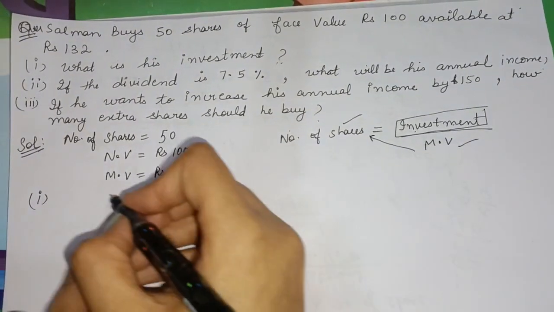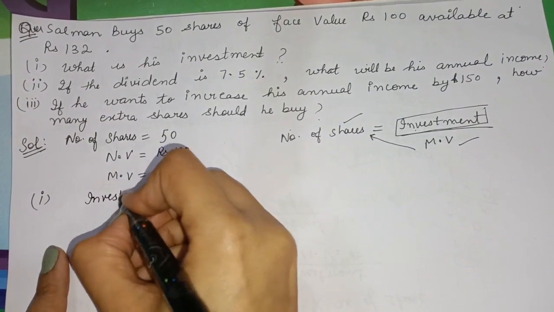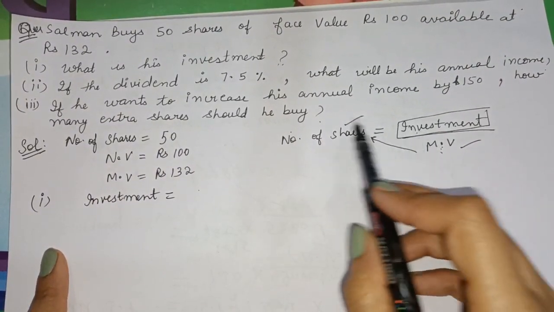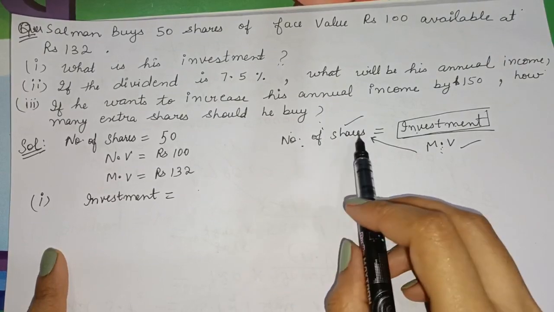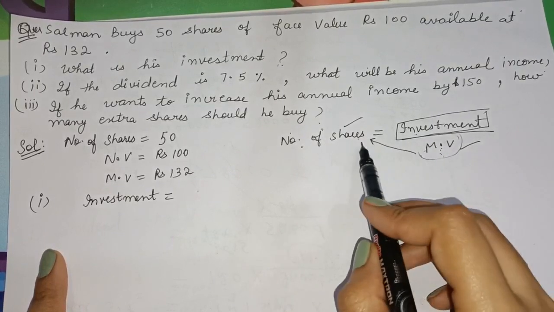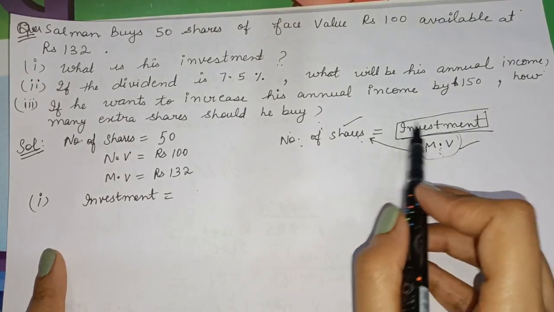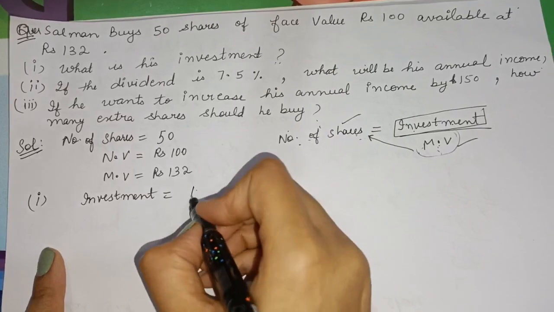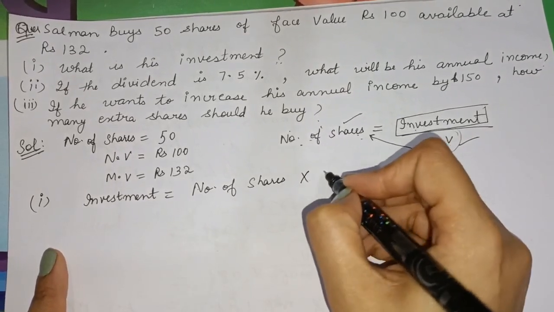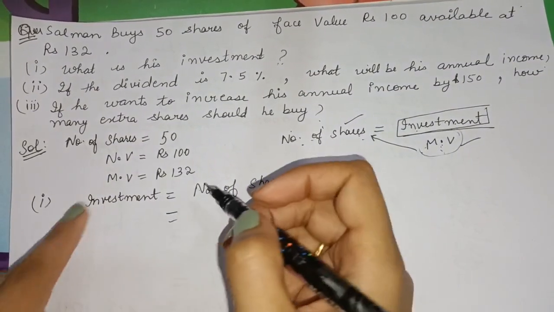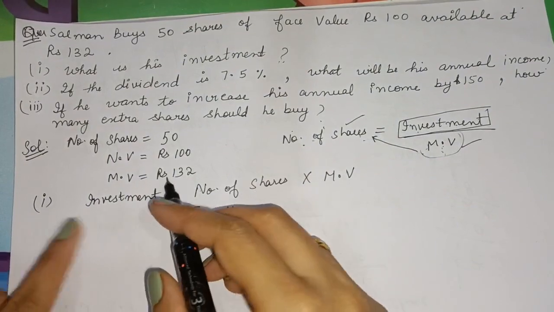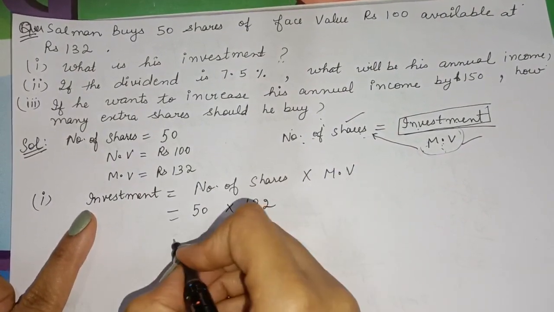So investment is equal to, when we shift this to the other side, it will become number of shares into, see, here it is getting divided, so when we shift it to the other side, it will get multiplied. So investment is equal to number of shares into its market value. Number of shares is given to us, 50. I am just substituting. Market value is 132.